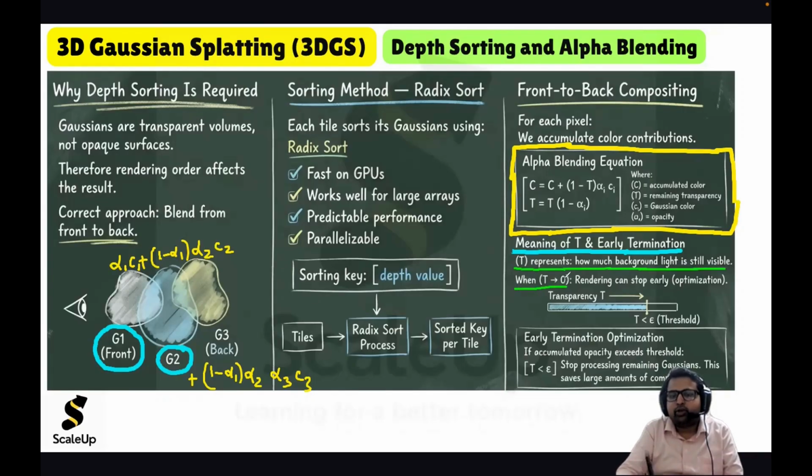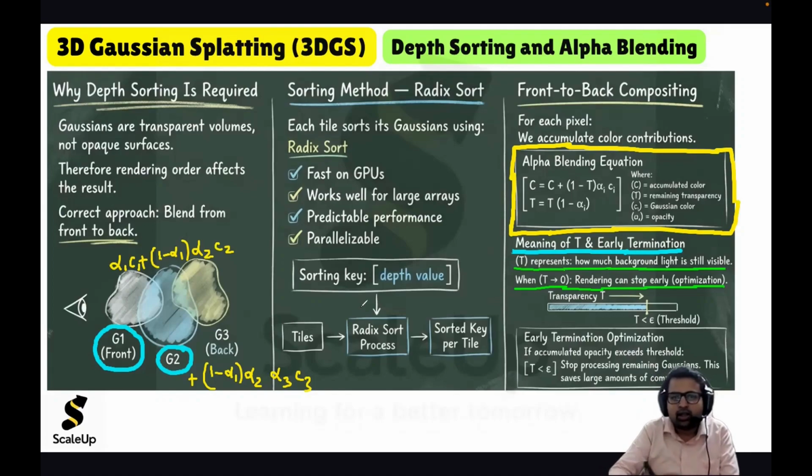When T approaches zero, it means the subsequent 3D Gaussians are not visible at all. So when T starts approaching zero, we can stop early, and that is an optimization. That is what early termination is.